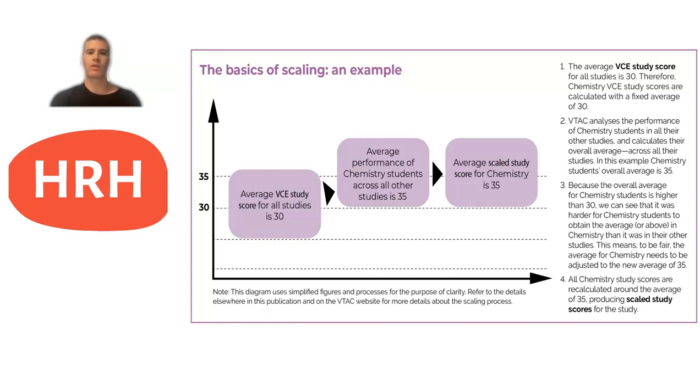For example, if that was 35, that indicates that it was harder in VCE chemistry for students to obtain that same average, and therefore VTAC will scale chemistry up to approximately 35, to be fair and to make sure that an average score in chemistry was the same for those students as it was across all their other studies. This is just a simplified example, and this is then applied to other VCE subjects as well.